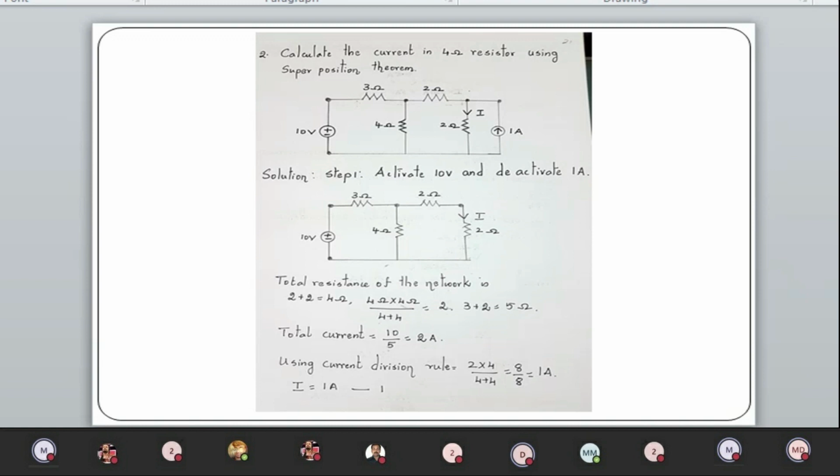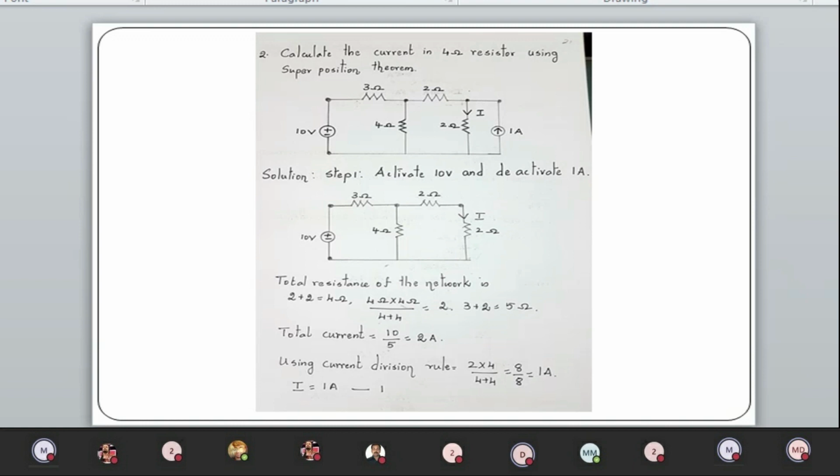Mostly, if the order of the equation is 1, generally it is linear, and if the order of the equation is higher than 1, it may be non-linear. What is meant by linear or non-linear? One of the famous statements is that a circuit is said to be linear if it obeys the principle of superposition.